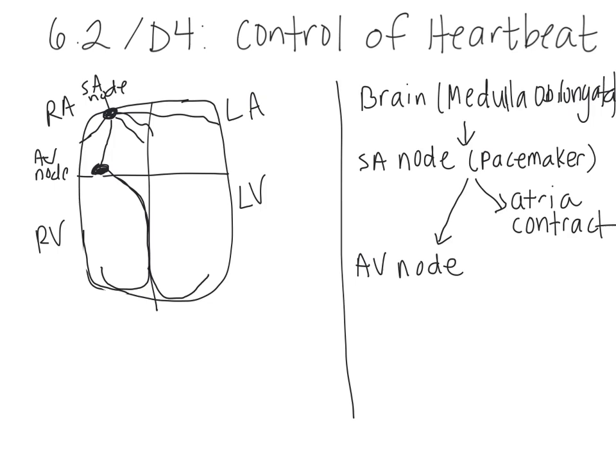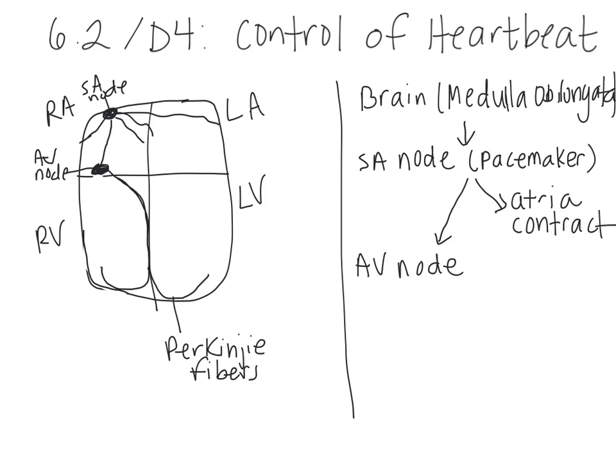These fibers that run from the AV node are called the Purkinje fibers, and they just connect the AV node to the ventricles.